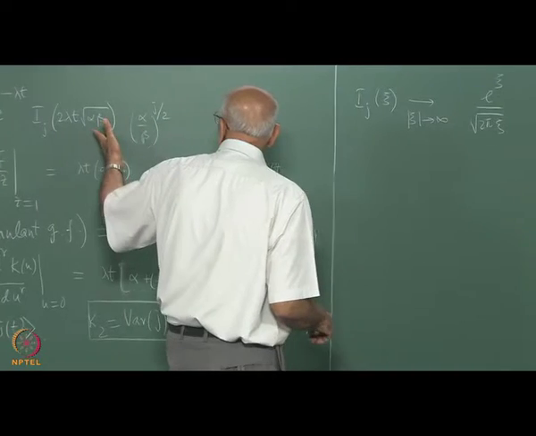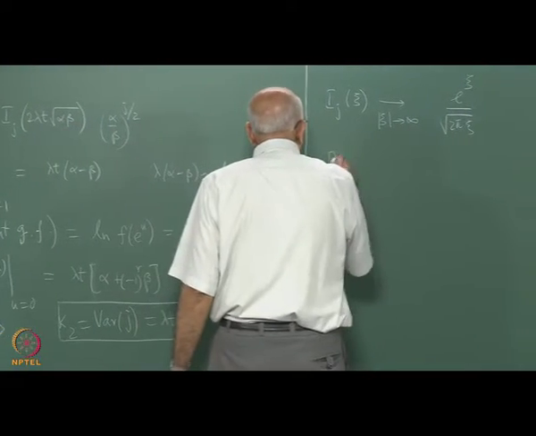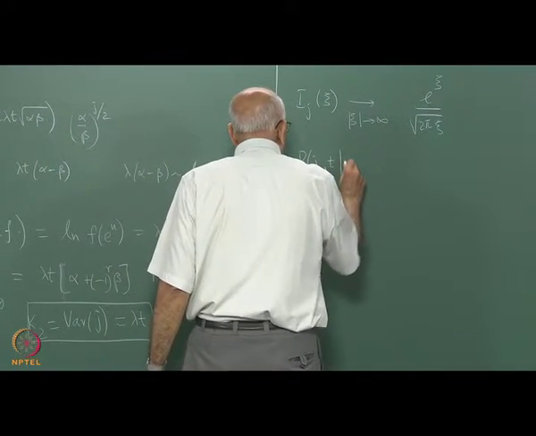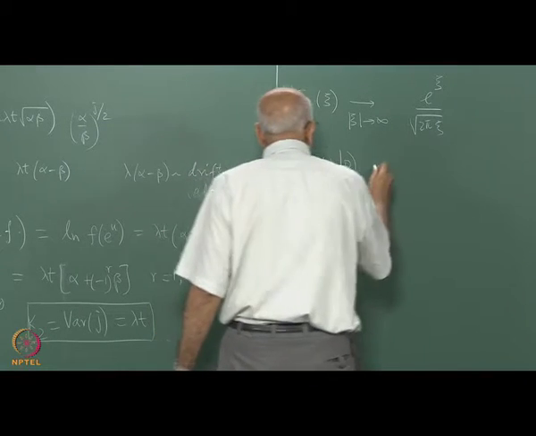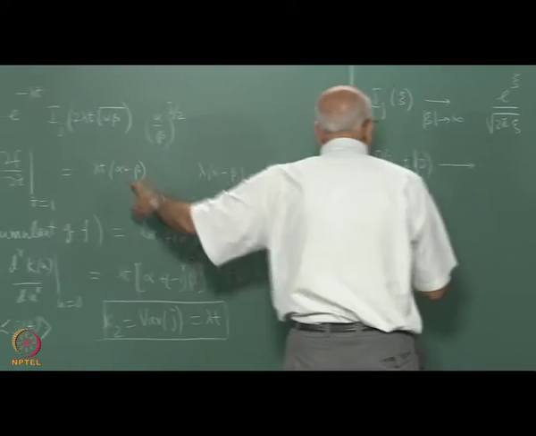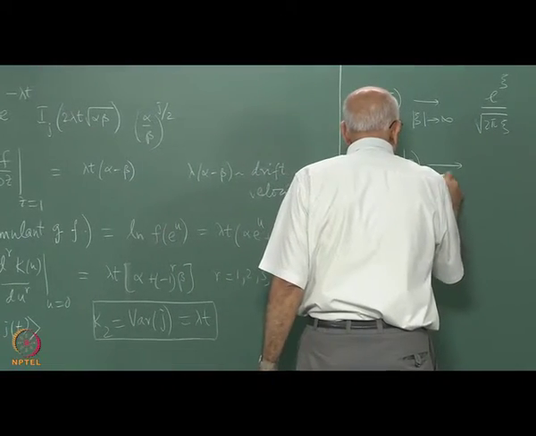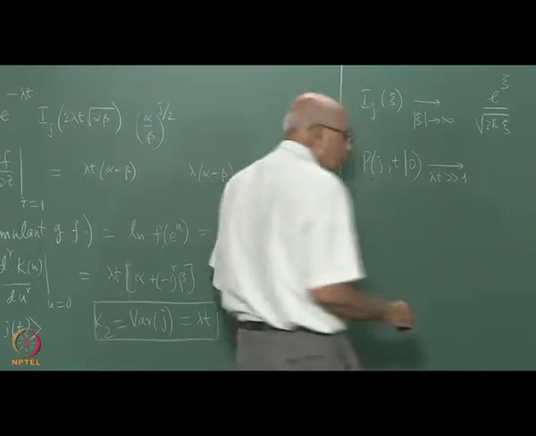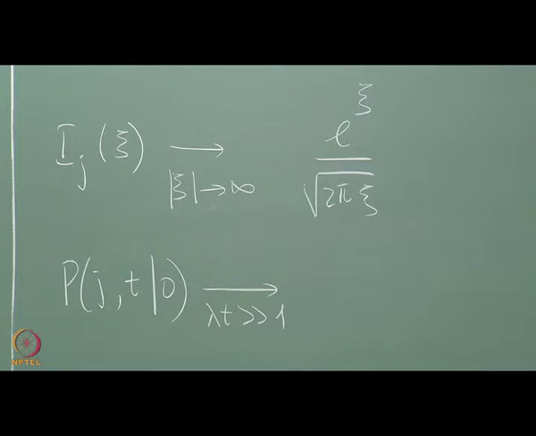So, if you apply that here, it is immediately clear that P of j comma t given 0 tends for long times, which means lambda t much greater than 1, tending to infinity in fact, because the time scale in the problem is set by lambda inverse, that is important to remember.